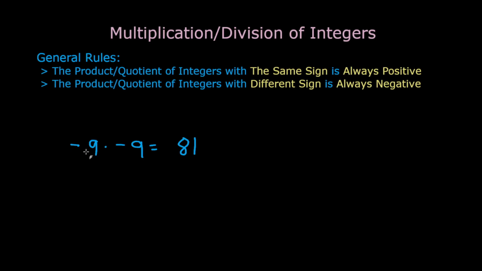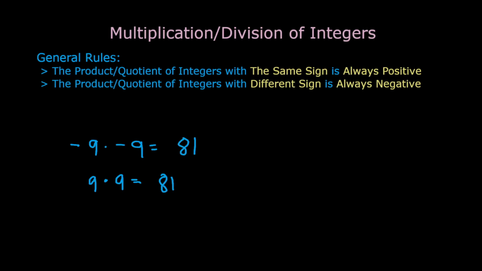Kahit pa pareho silang negative, pero since pareho nga sila, sabi sa rule na to, positive yung result. So, another example, positive 9 times positive 9. So, 9 times 9 is just 81. And since pareho silang positive, the same sign, ang result ay always positive. So, pareho lang sila. Pareho silang sagot.